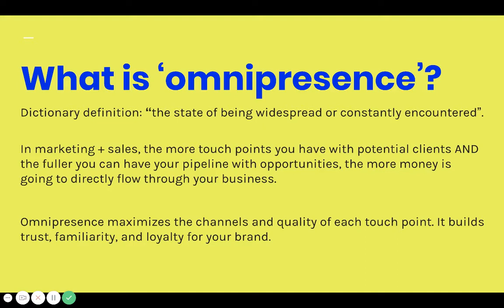Omnipresence maximizes the channels and the quality of each touch point, and it builds trust, familiarity, and loyalty for your brand. So using a strategy of omnipresence, really trying to follow your leads and nurture your leads in the best possible way to get the most value out of each lead that you possibly can, and using automated systems for that, so that you can not only nurture and warm up leads, but you can also score leads based on engagement, so that your sales team will always be abreast of who's the lead that needs to be followed up with right now.